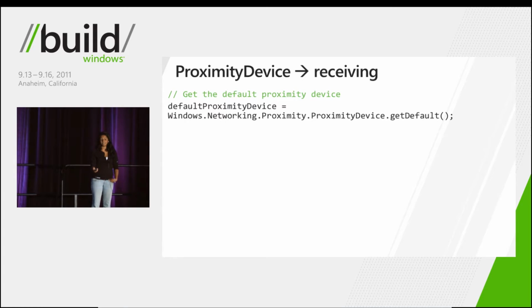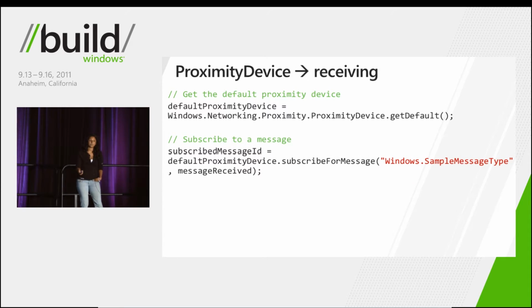When you're receiving, we'll have the same first step right there, which is getting the default device. And then when you subscribe, you'll notice that the first parameter right there is the exact same namespace, which is windows.sample message type. And that's really the key here, is that your application should use the same namespace, whether it's publishing or subscribing.